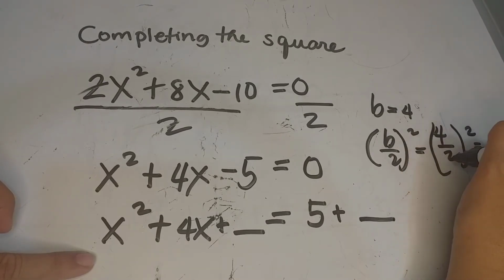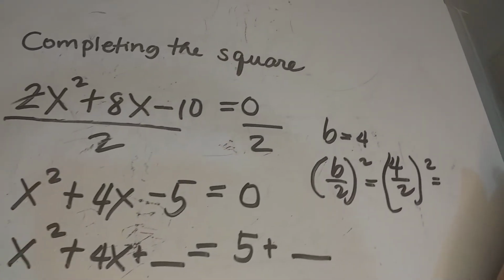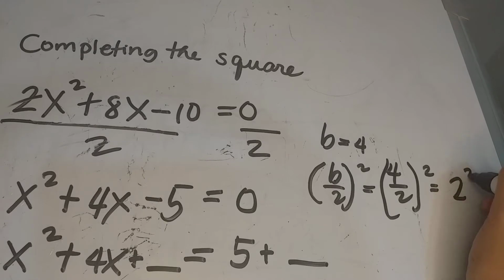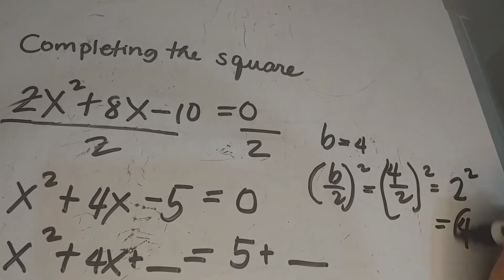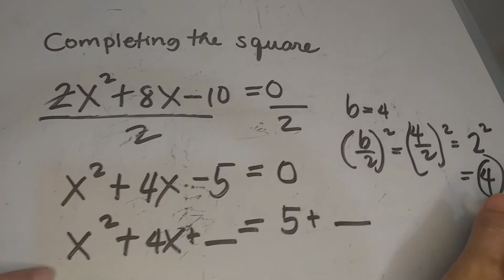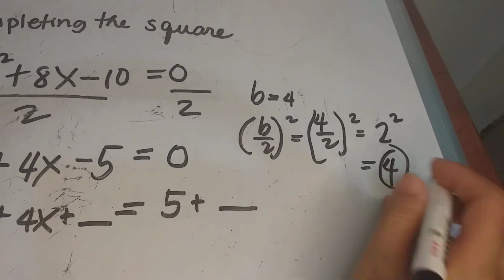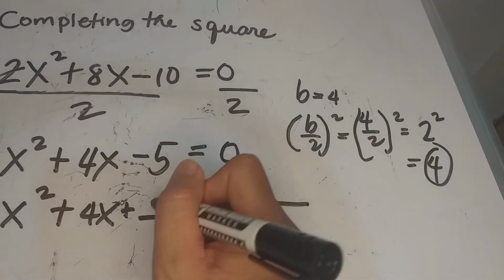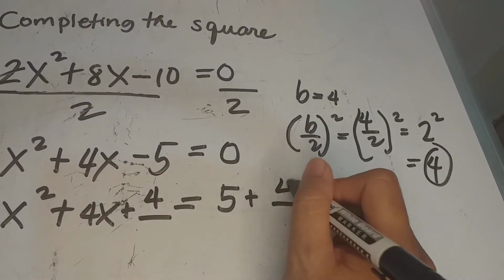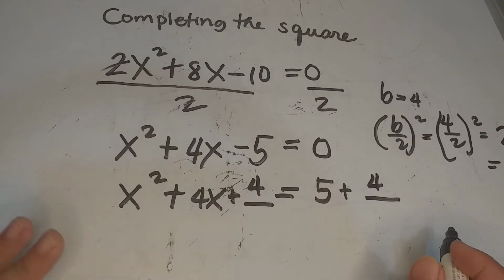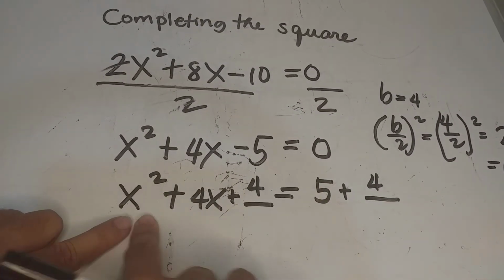Ano ba yung 4 over 2? 4 over 2 is equal to 2, and 2 squared is equal to 4. Yung nakuha natin sagot, lalagay natin dito sa blank.